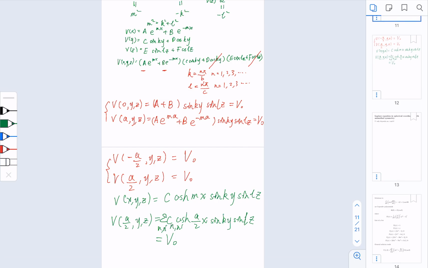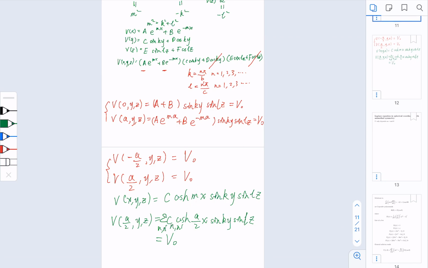Because here you can see that k depends on n, and the L depends on n prime. So there is a summation over n and n prime, and once k and L are determined, this m is also automatically given.